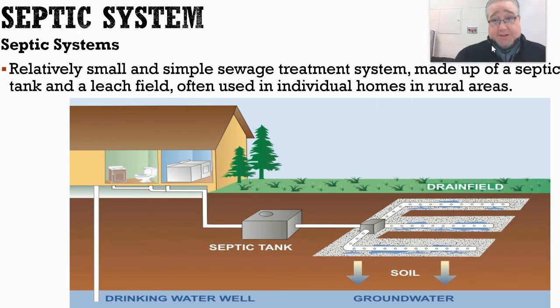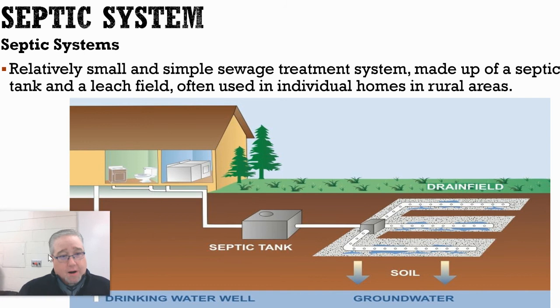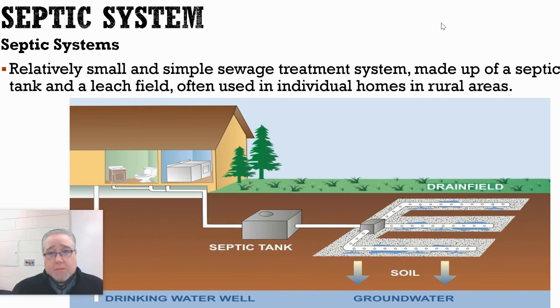Now, septic systems are a lot more common in homes of people who live in rural areas. These are homes that were built that were not tapped into the city sewage system or the city drain pipes or the city sewage treatment plant.